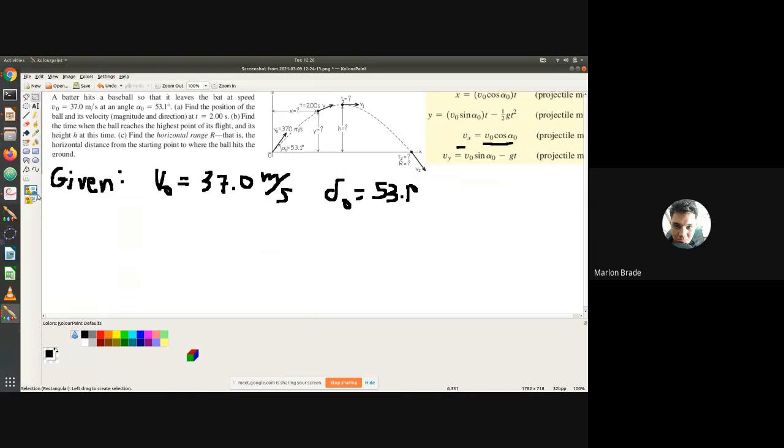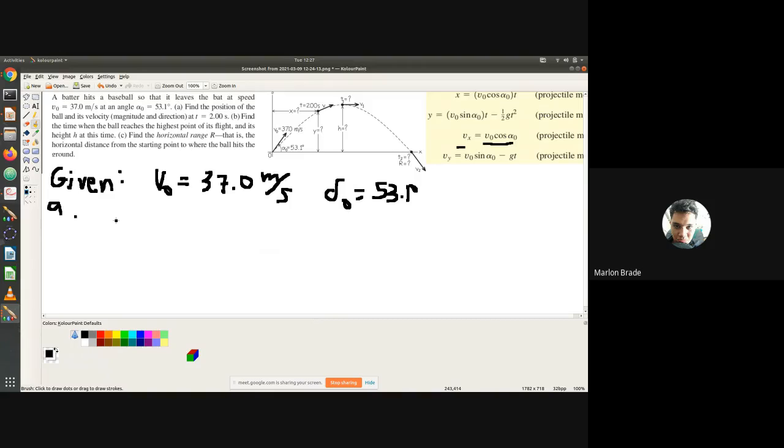Question letter A is: find the position. Remember, we are now dealing with two-dimensional motion, 2D, x and y. So if I ask you what the position is, you give me the coordinates x and y. This is different from free fall or one-dimensional motion along x, where position refers only to x or only to y.